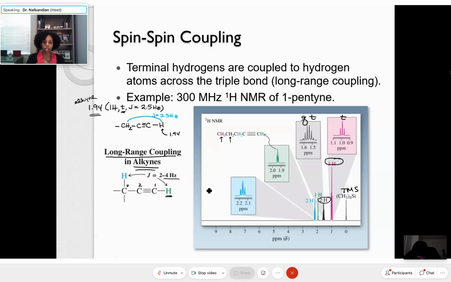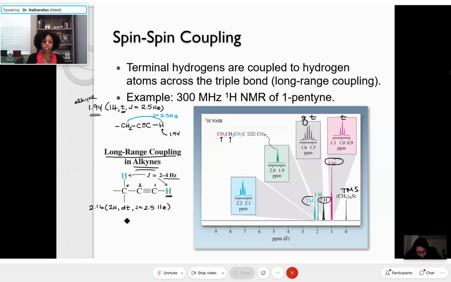Let's do the next one, this blue one here. So for the blue one, 2.16, 2H integration, right? 2 hydrogens. And it is a doublet of triplets. And again, we see that same J value. If we see it one time, we see it another time. We're going to see that J value from 2 different directions.